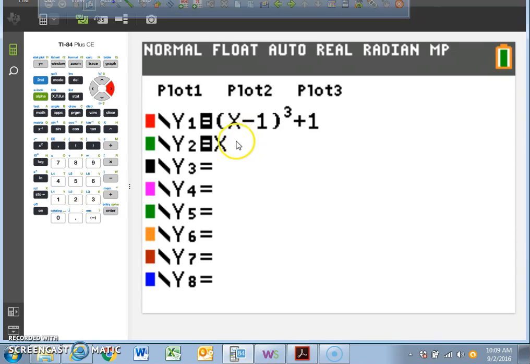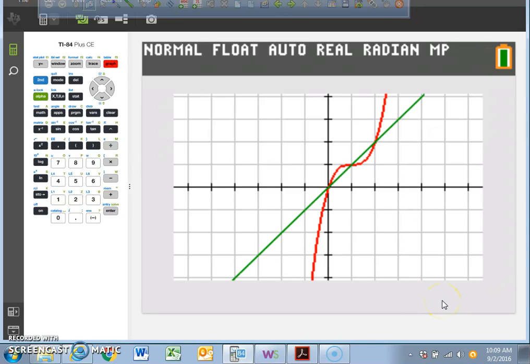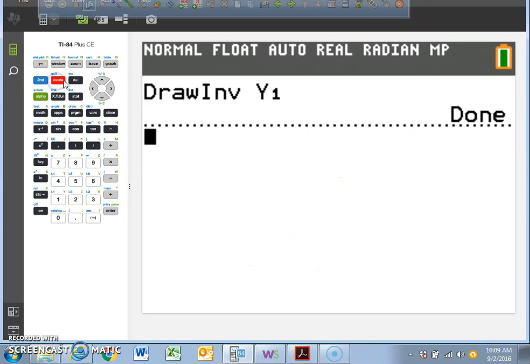So right here, we are going to hit graph, and we've changed it to green. So when I graph it, there's the first graph. There's my y equals x. And you're like, oh my gosh, where did our inverse go? Not a big deal. All you have to do is hit second mode. Once you put it in your calculator once, you don't have to redo all the steps over again.